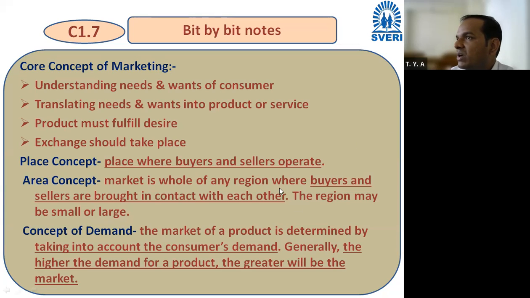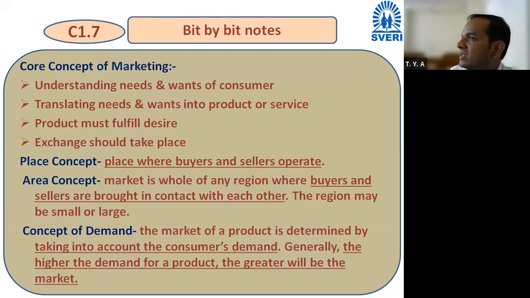Area concept means what? Market is the whole of any region where buyers and sellers are brought into contact with each other. The region may be small or large. So it is related to area. Same thing. कोणत्या area मध्ये, हे पंढरपूर प्लेस झालं इथं. So for example, you are taking Solapur district, whole Solapur district or whole Maharashtra.